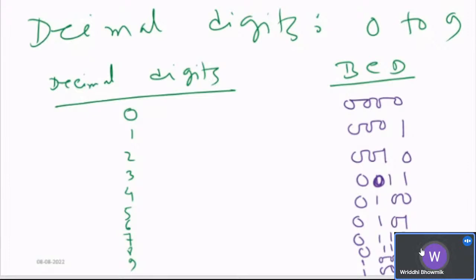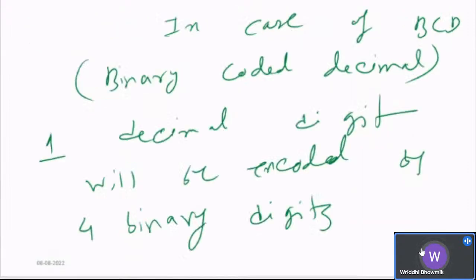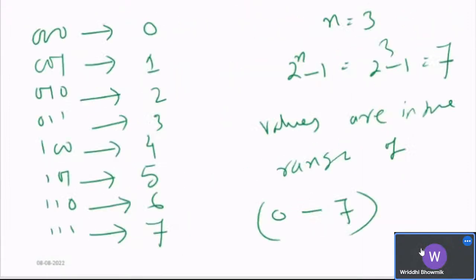So that is why the decimal digits 0 to 9 will be encoded by 4 binary digits. Because when you use 3 binary bits to encode the decimal digits, you can only encode 0 to 7. But actually decimal digit stands for 0 to 9.